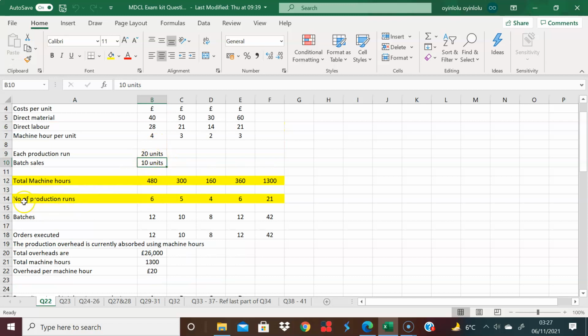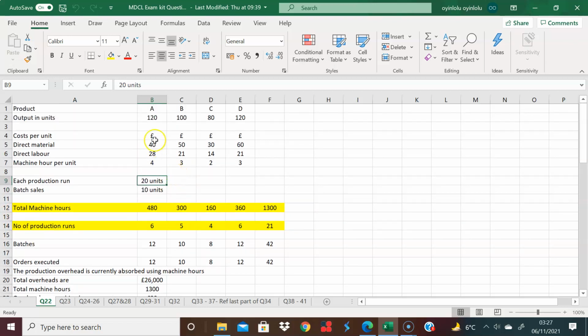we can find, first of all, the production runs. If you're making 120 units and you're doing production runs of 20 units each, I'm sure you will agree that what we're really doing is carrying out 120 divided by 20, as in 6 production runs.